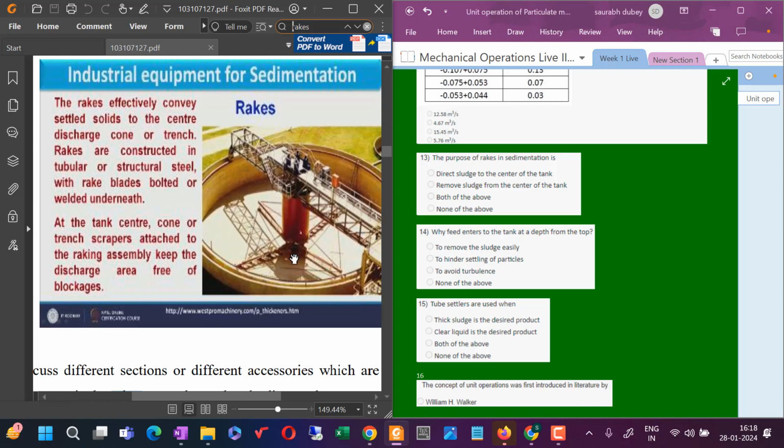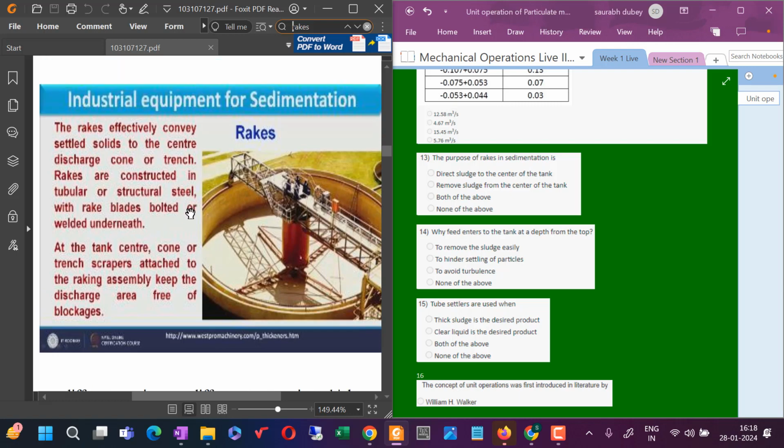Rakes are constructed in tubular or structural steel, with rake blades bolted or welded underneath. So these rakes are very good. And then the tank center cone or trench scraper attached to the raking assembly keeps the discharge area free from blockage.